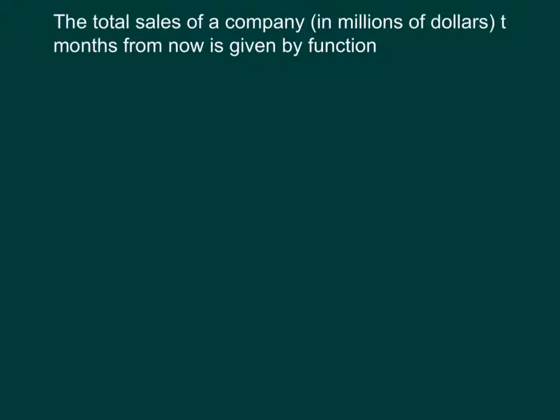Okay, so we're given the total sales of a company in millions of dollars, T months from now, given by this formula, S of T. So my sales is a function of time, my months from now, 9 times the square root of T plus 1.